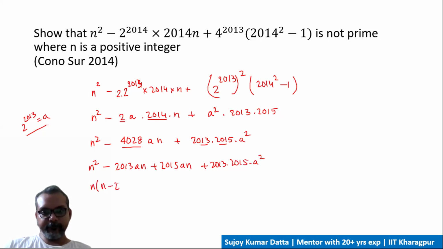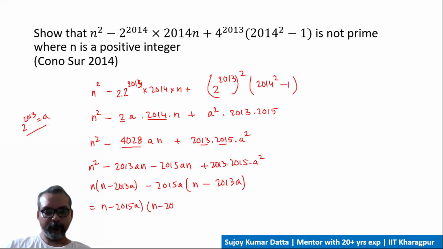So n common. Oh, sorry, this will be minus. So that means we have been able to factorize this whole thing like this.